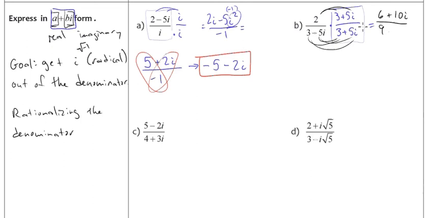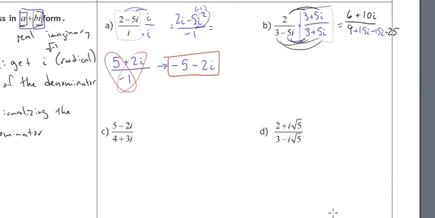So we had 3 times 3, that's 9. Then 3 times 5i, that's plus 15i. Negative 5i times 3 is minus 15i. Now you can see that they're canceling out. And then minus 25, let's move the screen over a little bit, 25i squared.